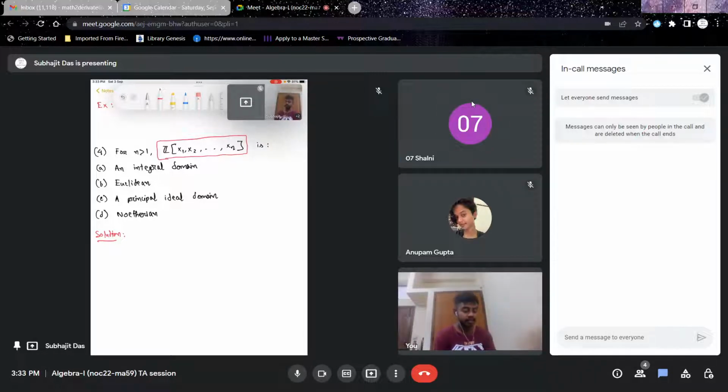Very good. But here there are more than one variable involved, right? You only said that if R is an ID then R[x] is an ID, but that's a result only for one variable. But we have n variables here. So what is the guarantee that this will also be an integral domain?